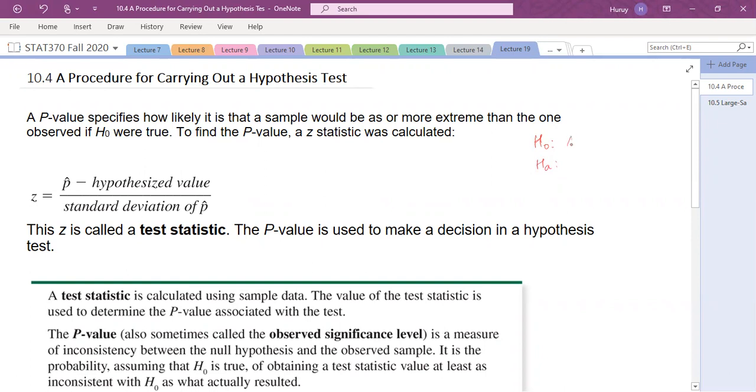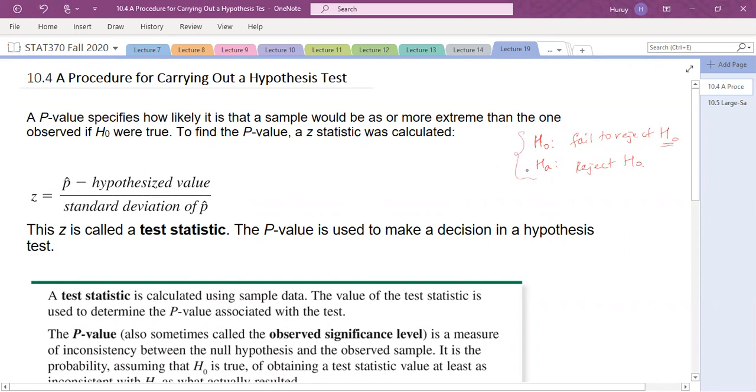One is accept H sub 0, or fail to reject the null hypothesis, and then we have reject the null hypothesis. So both the conclusions are written with respect to the null hypothesis.